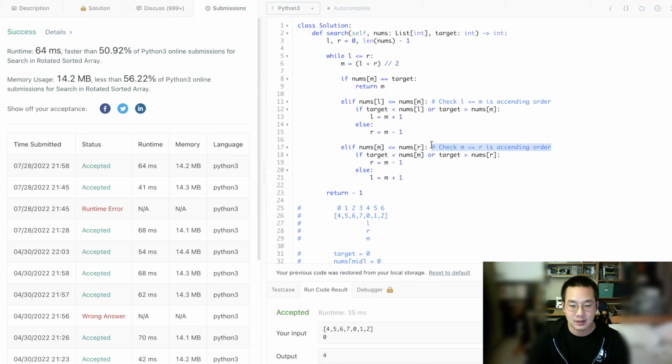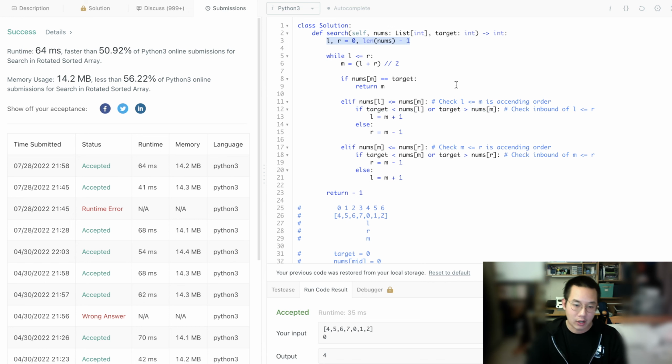This checks that the target is in bound of mid to right, and this checks in bound of left to mid. So this is very important. I think this gives us a lot of information about what's happening here and about binary search, even without telling us whether we've seen this problem.